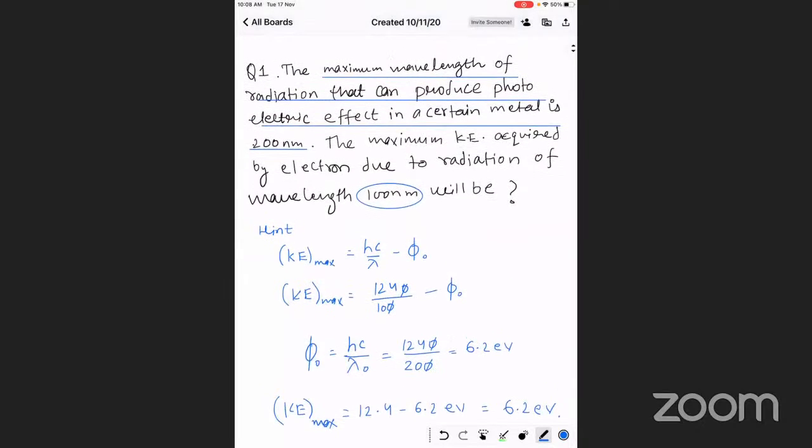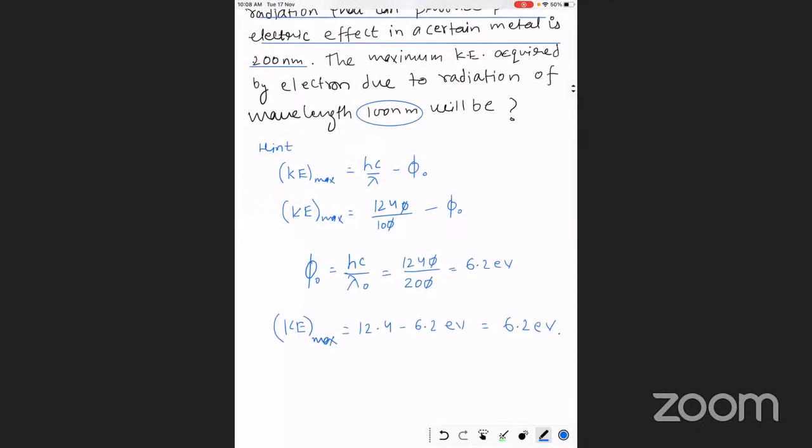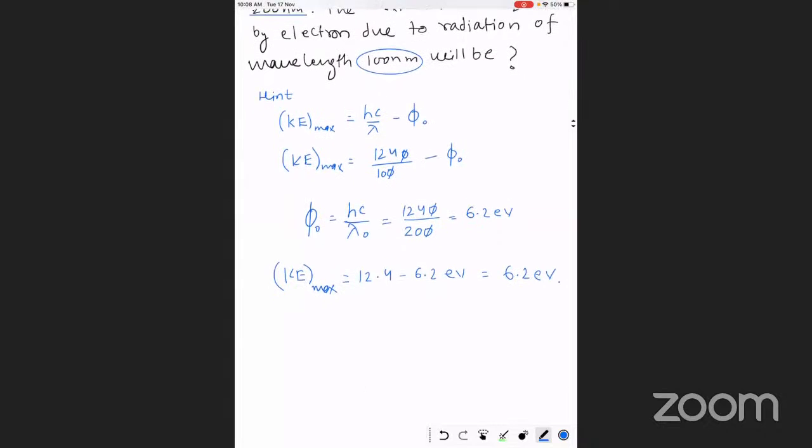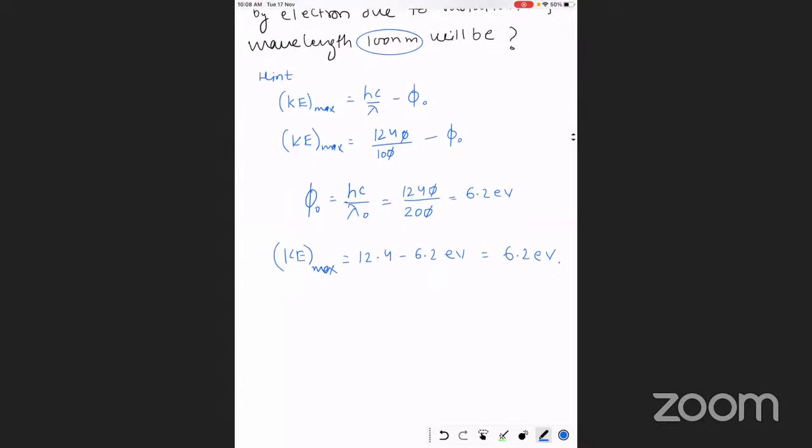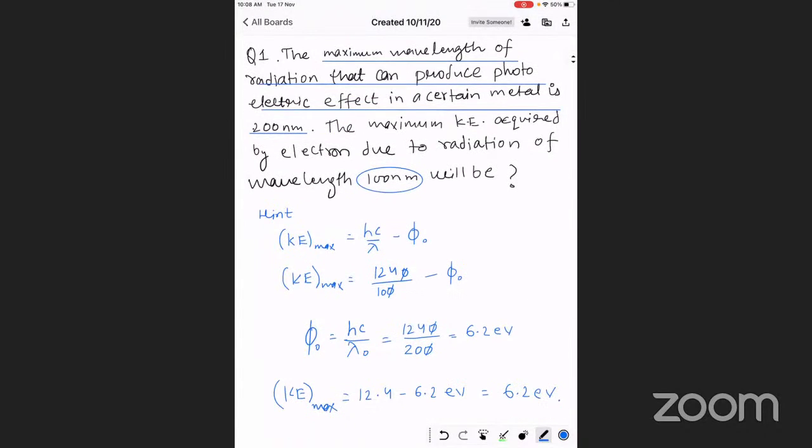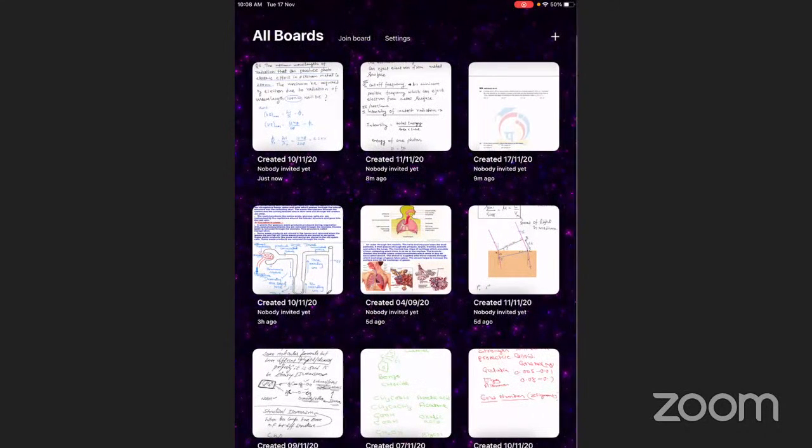Okay. Very easy. This question was very easy. Now let's start. Next question. In the last class, I told you about various graphs or not?